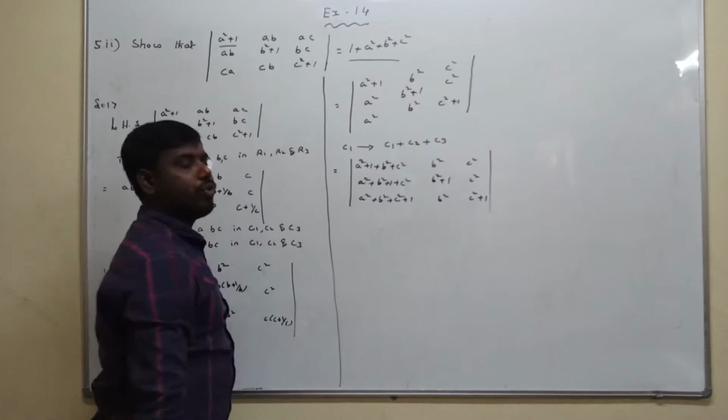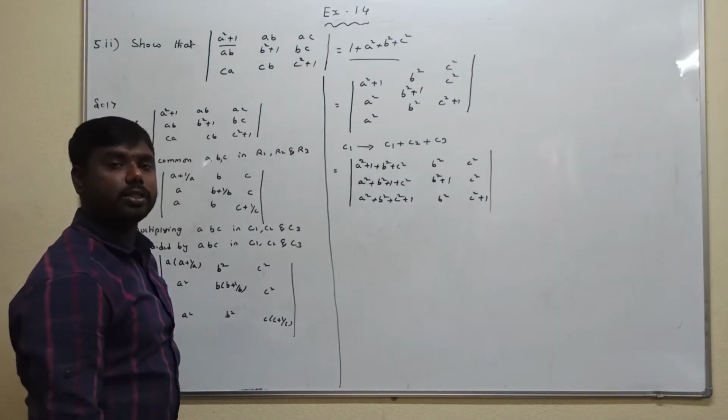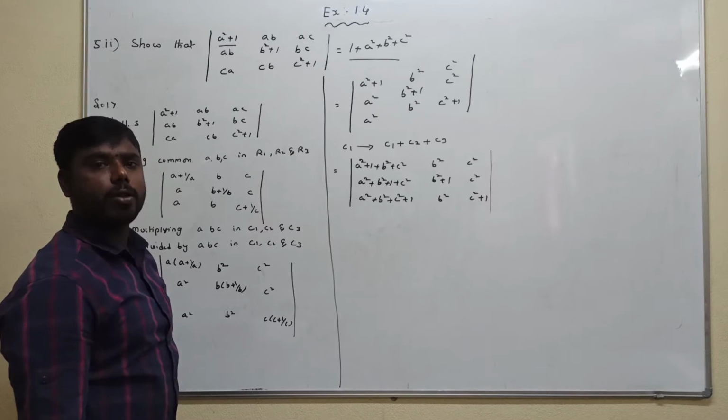Observe, dear friends. In the first column, what is the common element? 1 plus A square plus B square plus C square is common.